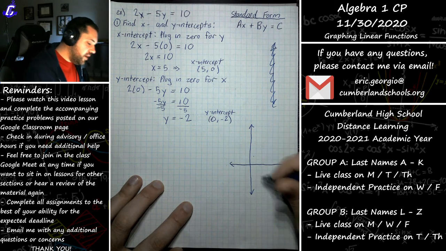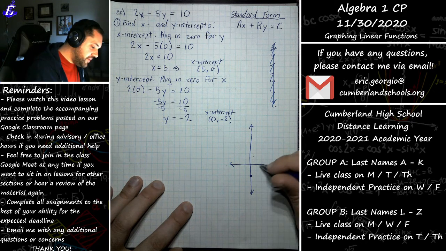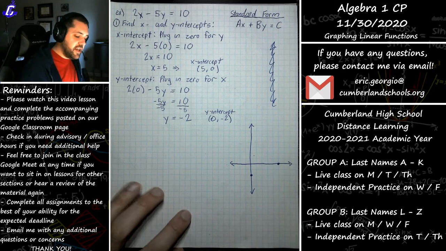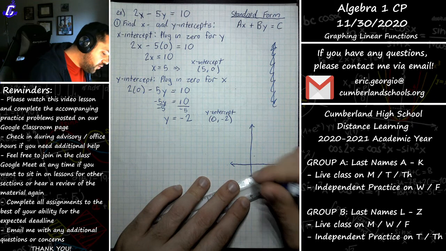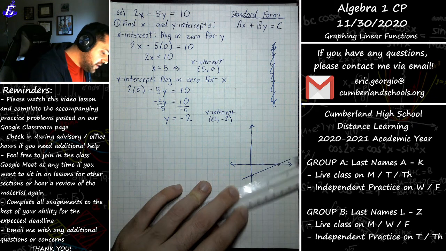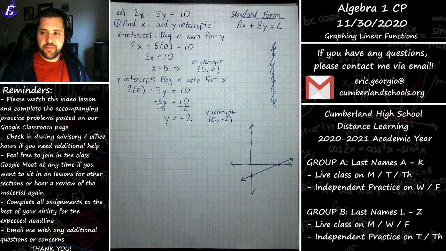I could say, well, here's my Y-intercept at 0, negative 2. Here's my X-intercept at 1, 2, 3, 4, 5, 0. And I can now just connect these two points together, and lo and behold, we have a graph of a linear function. Bam. That would be my graph.